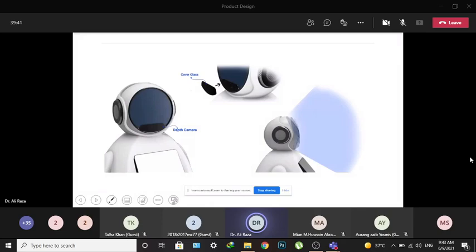I've shown you just like the sketches, but there was quite a lot of technical detail, technical specifications, some formulation in the background. I'm not going to discuss because this is what you have already discussed in other courses.